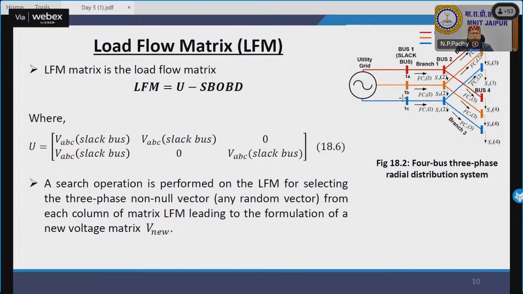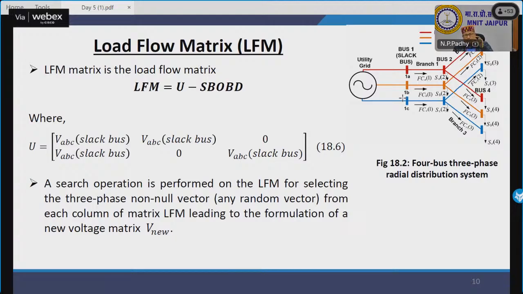Now finally, we are coming to the load flow matrix, which is LFM. LFM is nothing but U minus SBOPD, where U is given by the voltage of the slack bus, which is ABC. It could be 1, 1, 1, it could be 0, 0, 0, it could be 0.5, 0.5, 0.5.